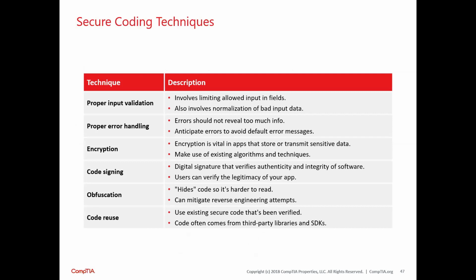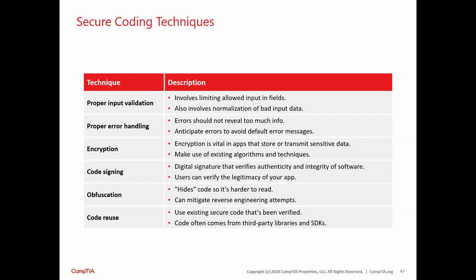There are several techniques we can use, like properly doing input validation, so that all funny or strange characters will be removed and will not create bad input data, because it would create problems with our application. Also, error handling, which allows you to control the error so that it will not reveal too much info that could be used by an attacker to hack your system.